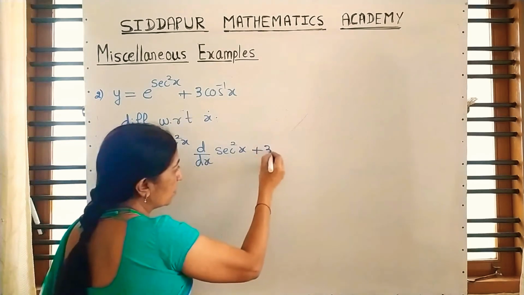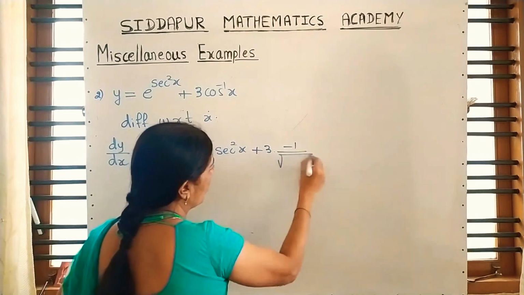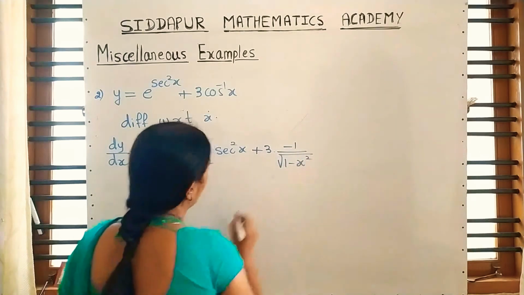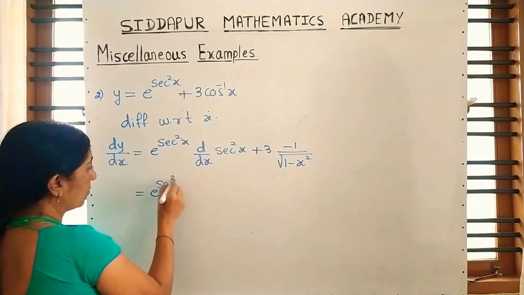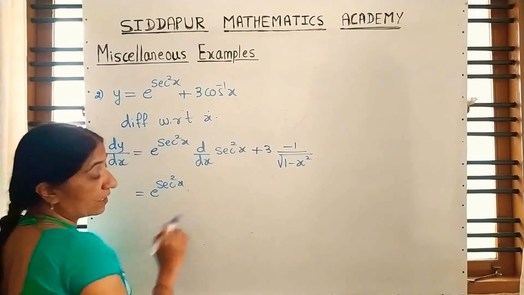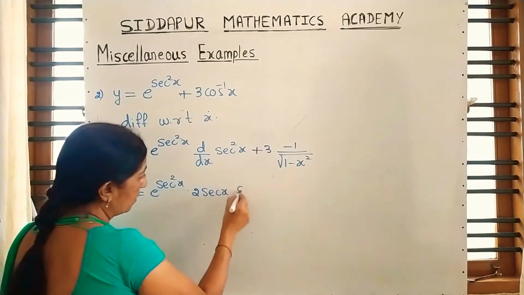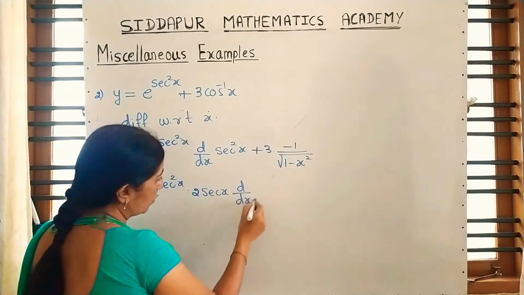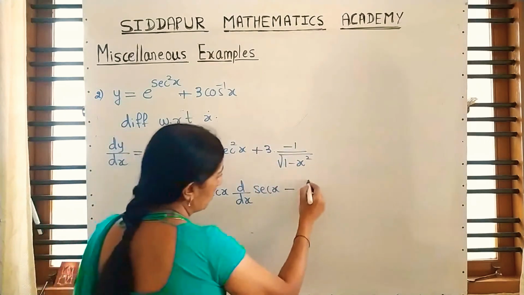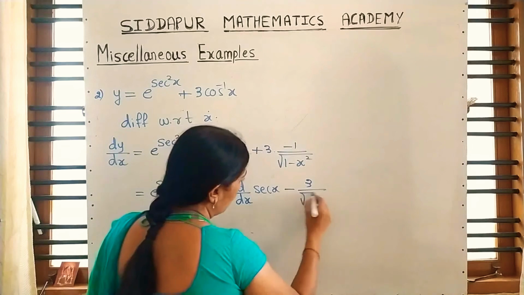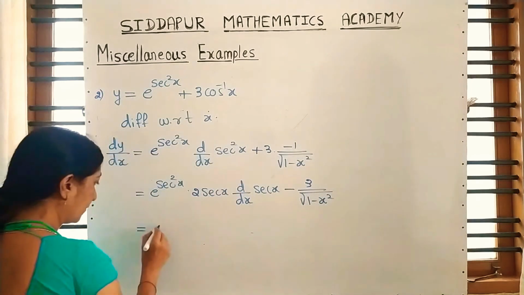Plus 3 into differentiation of cos inverse, which is minus 1 upon root of 1 minus x square. e raised to secant square x, differentiation of secant square, first power, 2 into secant x into differentiation of secant x. Here plus into minus is minus 3 upon root of 1 minus x square.